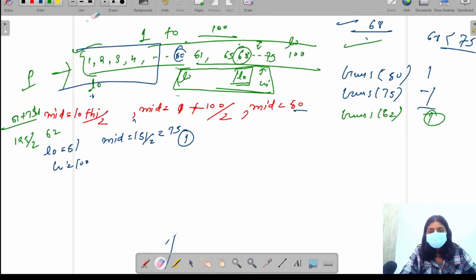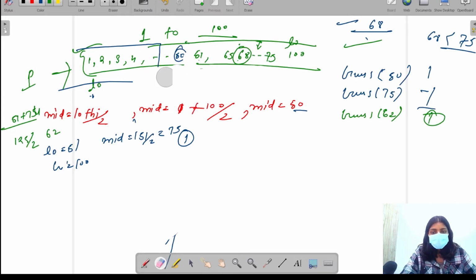My high was at 74, and my mid was here at 62.